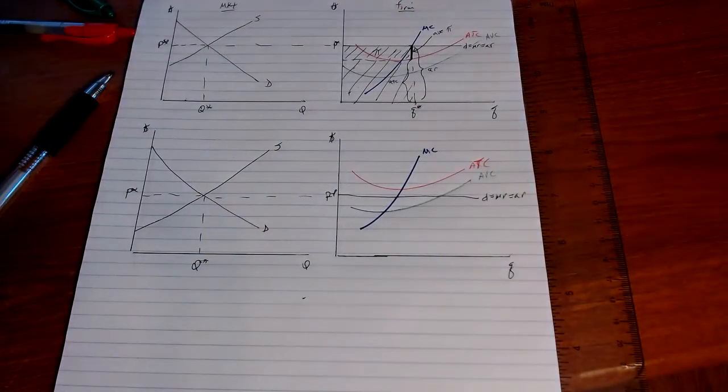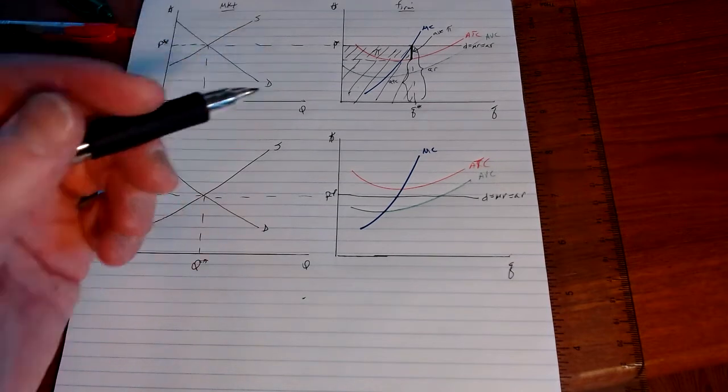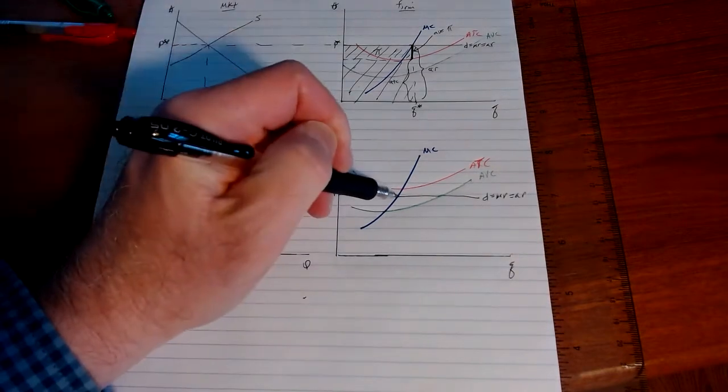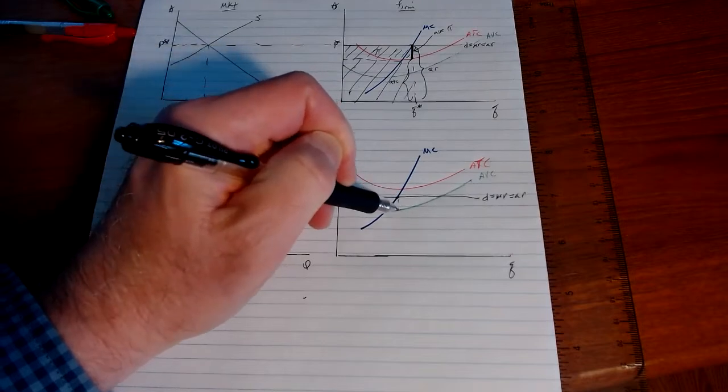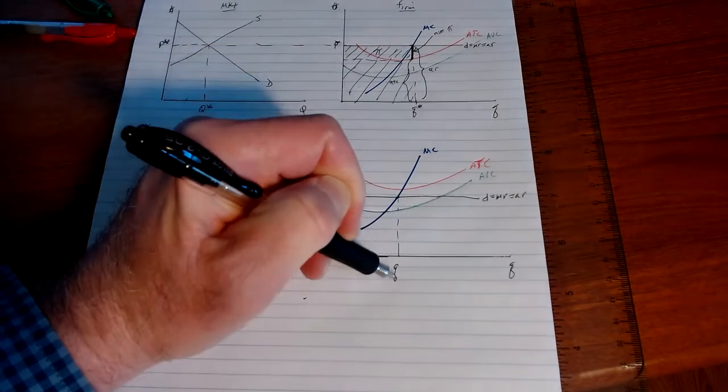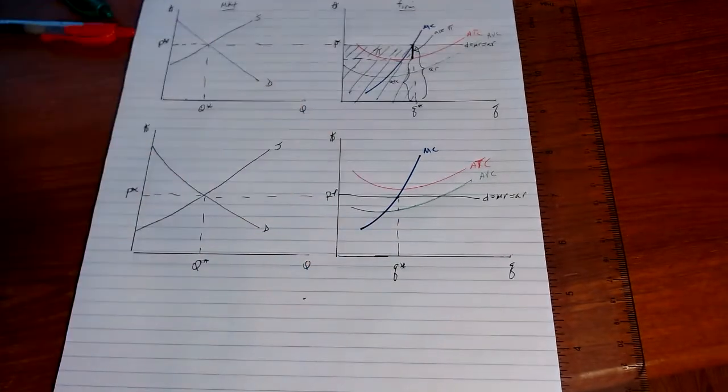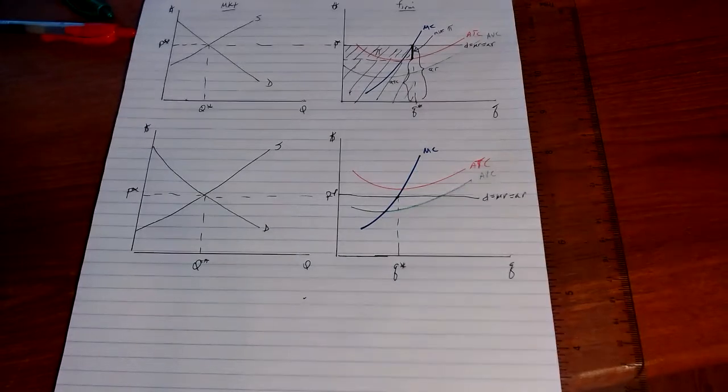So we ask, what's the firm's optimal quantity? Well, the optimal quantity, the quantity that puts the firm at greatest advantage, is always going to be where marginal cost equals marginal revenue. And so this is the firm's optimal quantity. Now we take a step back and ask, how is the firm actually doing? And the answer is not so well.